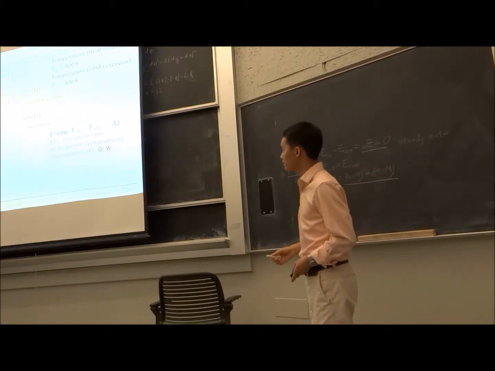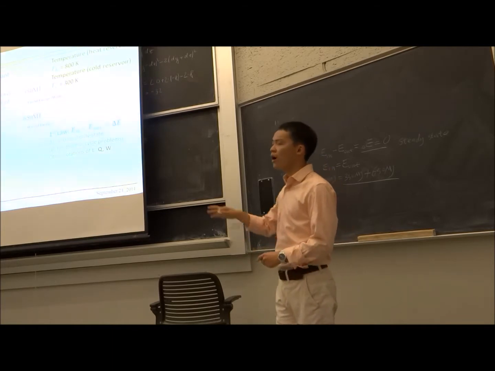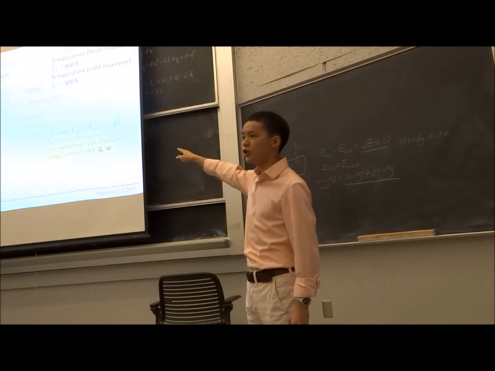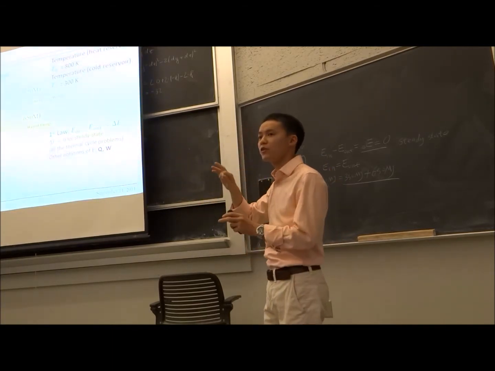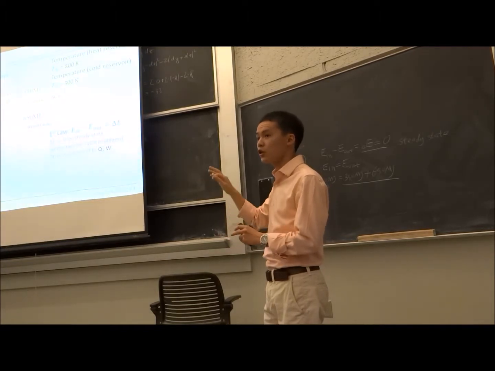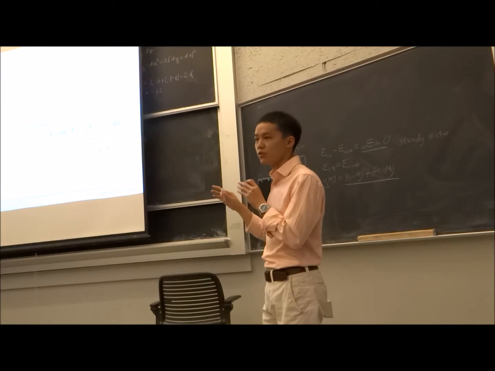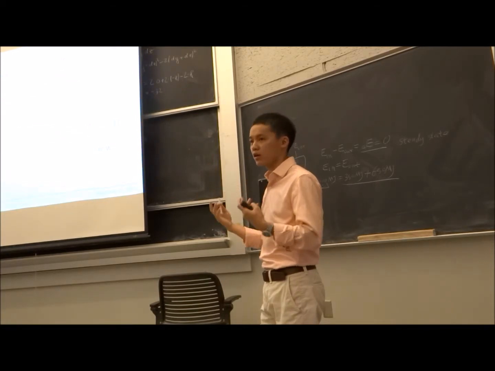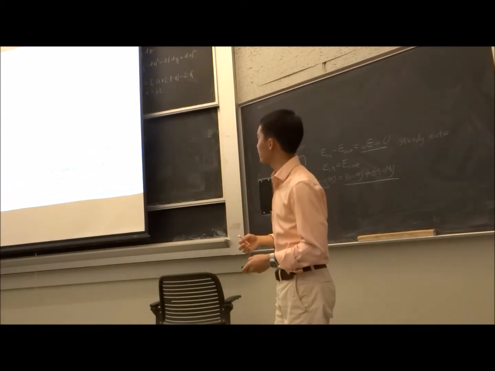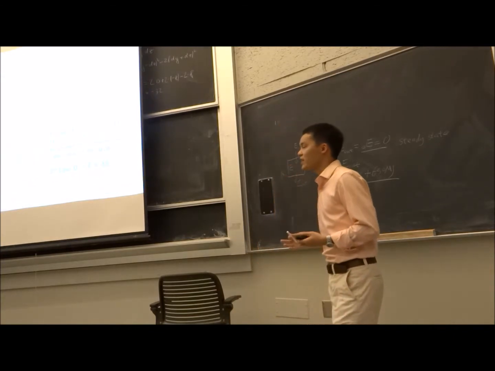That's the first law. And throughout the process, sometimes we'll write Q and W. These are just different notations for energy. Q refers to heat specifically, and W refers to work, such as electricity.